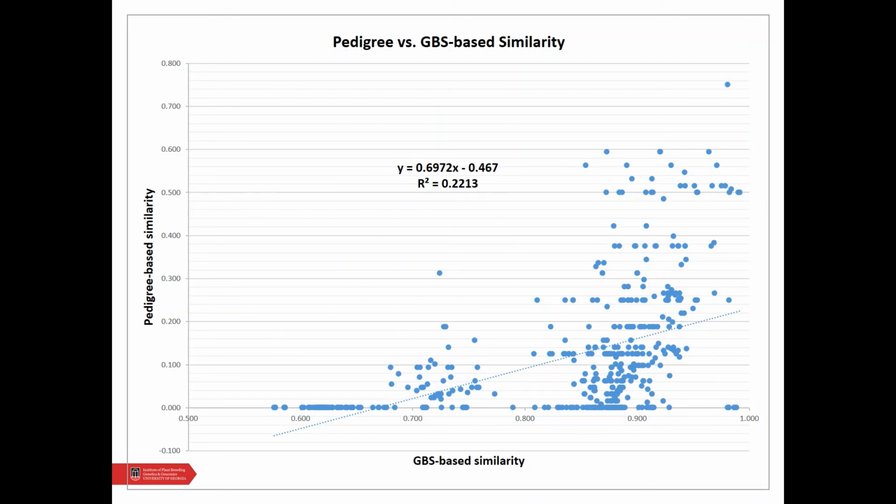The r-squared value of 22% is significant, however, it's a pretty weak correlation. I think this graph really illustrates the idea quite well, that while pedigree is not a perfect predictor of genetic similarity, it does give you a pretty good ballpark idea of what to expect. You should just never put too much stake in that pedigree information.